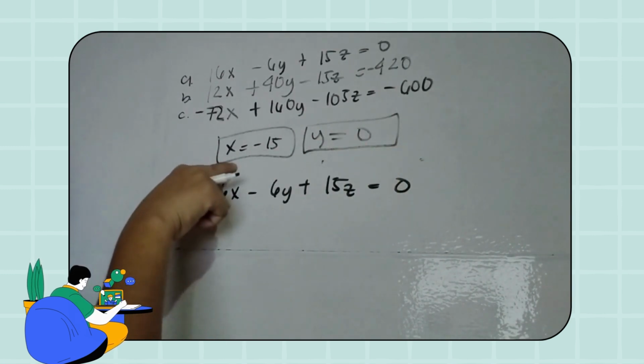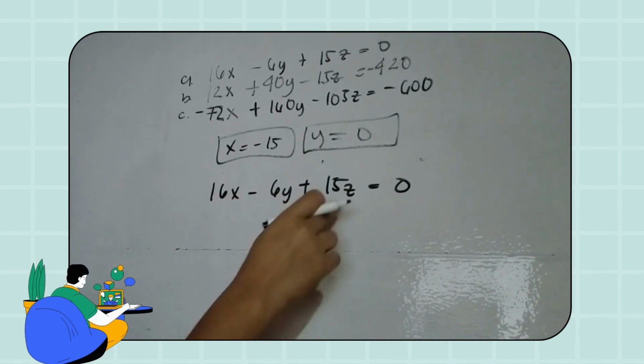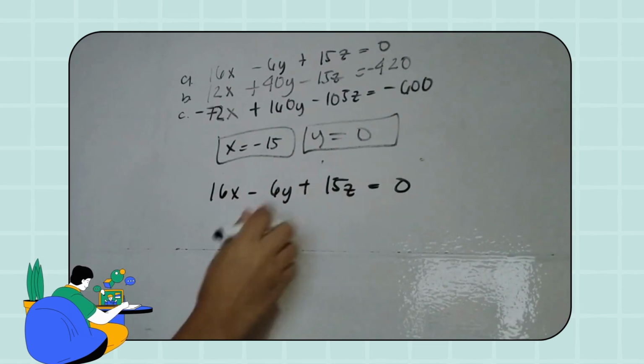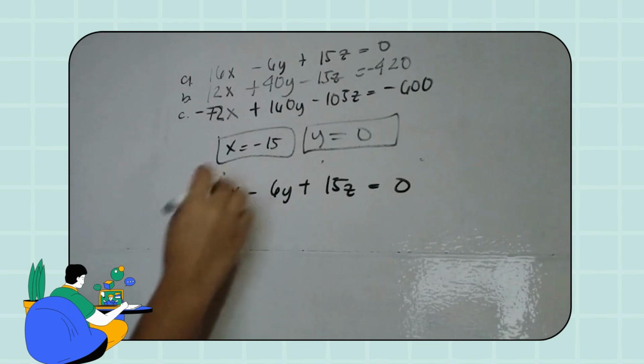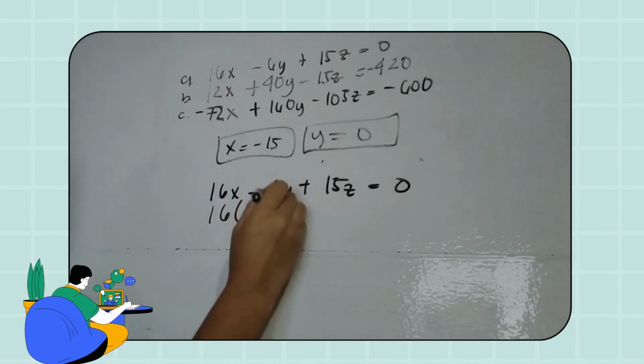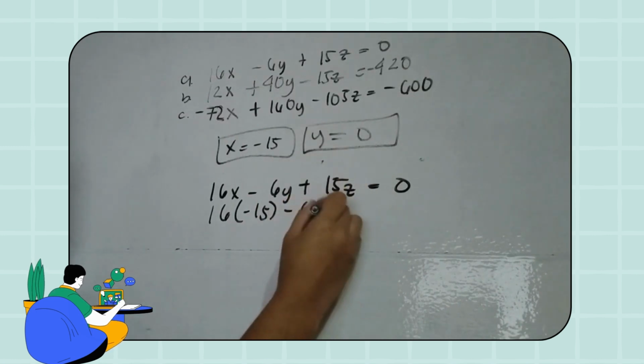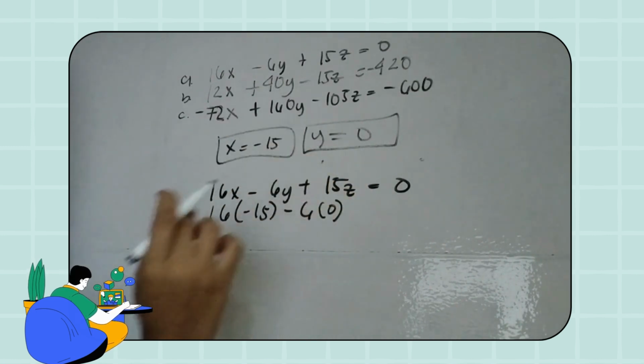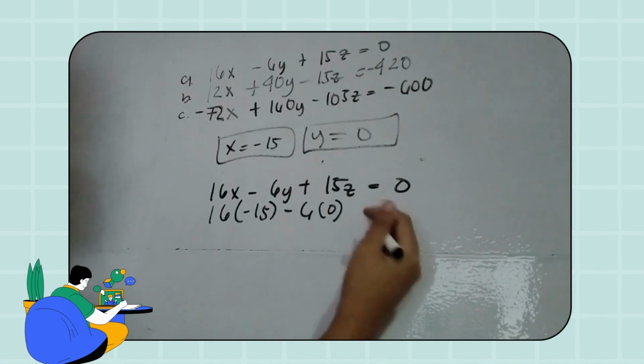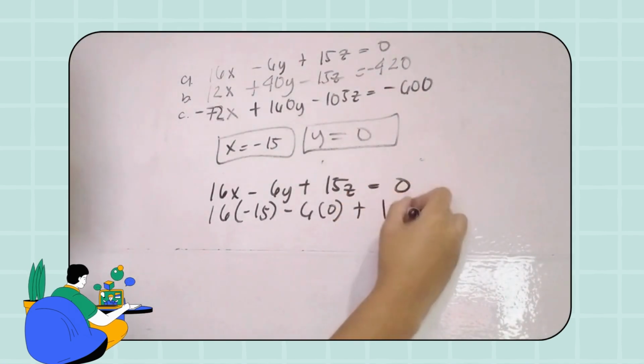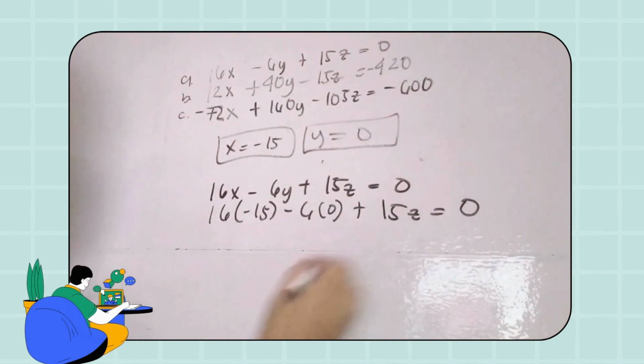Let us substitute the values of x and y in this equation in order for us to find the value of z. So we have 16x, which will be replaced with negative 15, 6y, where y is replaced with 0, plus 15z equals 0.